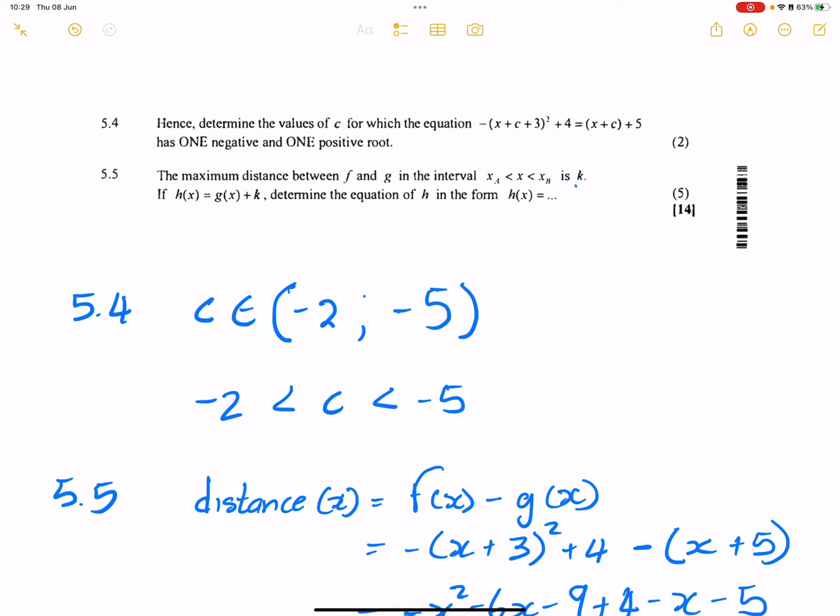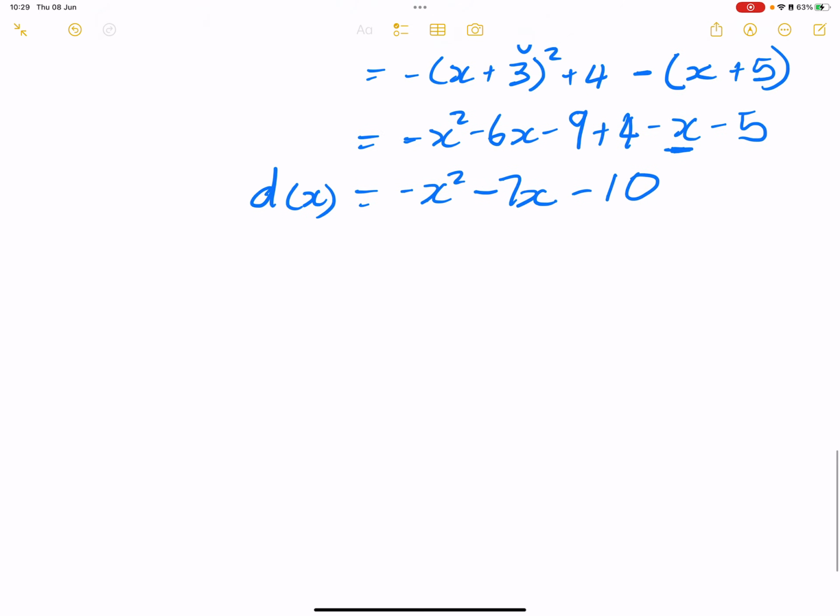For any graph, you can say whether you take the derivative and make it equal to 0, or you can say x is minus b over 2a. So the distance of x is maximum when we make the derivative equal to 0.